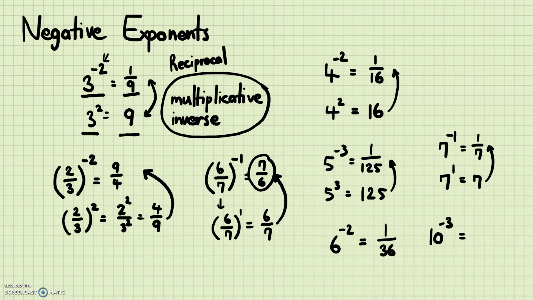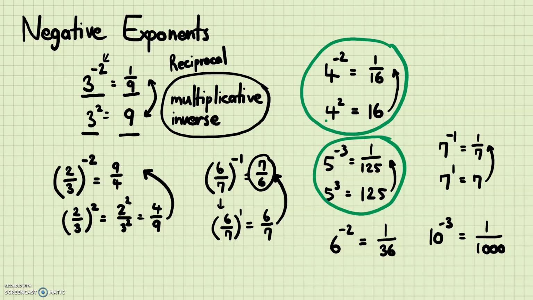Okay, without the negative, that's 10 cubed, which is 1,000. But since there's a negative there, I need to do 1/1000. So once you get familiar with this, you can kind of skip a few steps here. But if you're confused at first, I recommend that you follow the steps like these. So first evaluate the positive version and then find the reciprocal, as I've done them here.